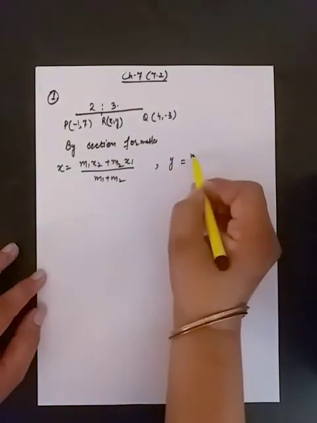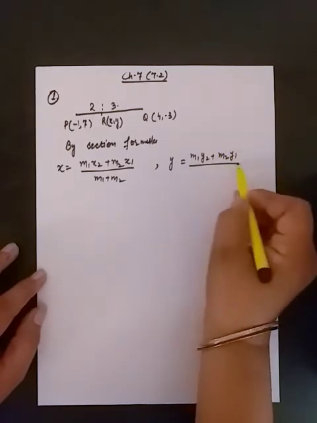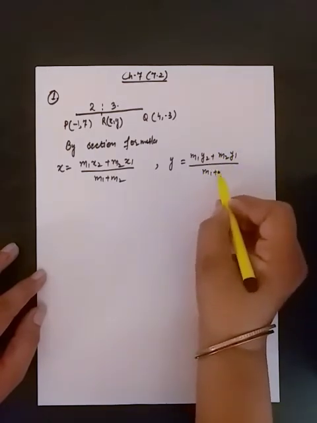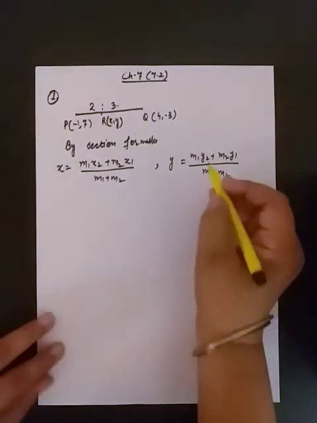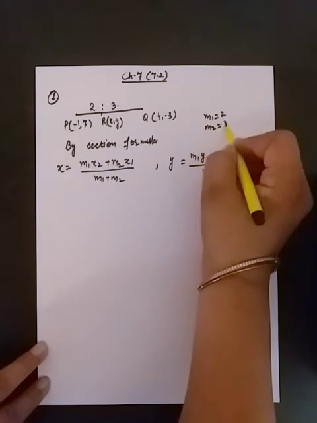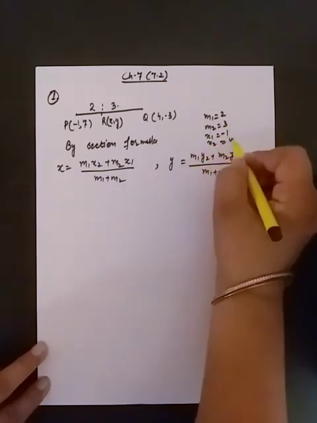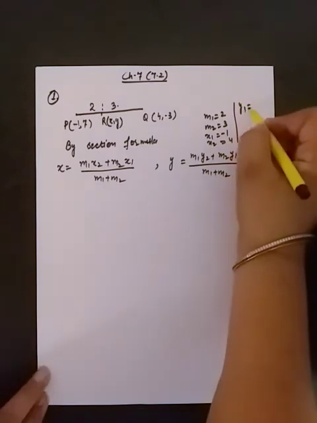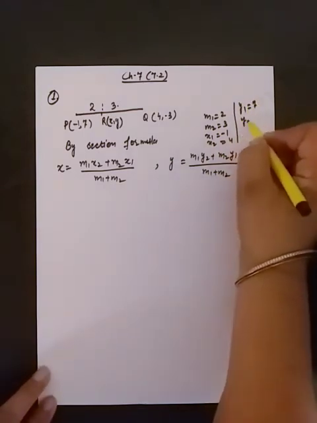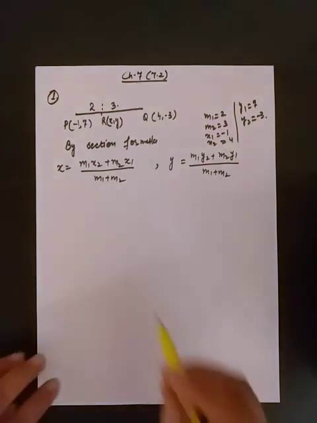Similarly for the ordinate, (m1 y2 plus m2 y1) by (m1 plus m2). Here m1 is 2, m2 is 3, x1 is -1, x2 is 4, y1 is 7 and y2 is -3.